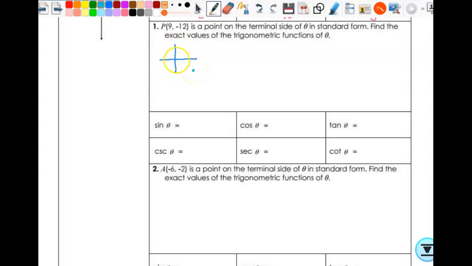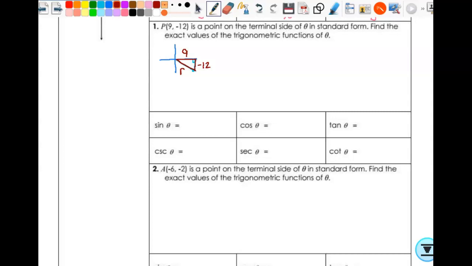Okay, what that means for me for my triangle, and I don't necessarily need to write the ordered pair, what's going to matter to me more here is that this is 9 and this is negative 12. Okay? So since I have that for this triangle, I'm going to need to find r at some point, because it says find the exact values of the trigonometric functions of theta.